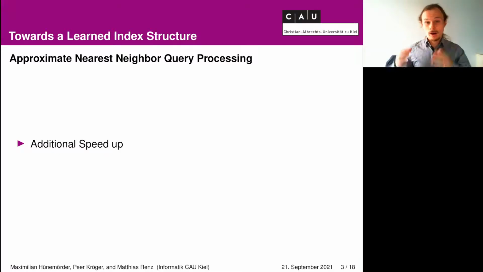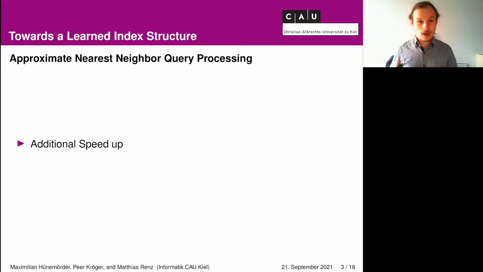One extension of nearest neighbor query processing in these recent applications, for example image retrieval, is that we don't actually need the exact nearest neighbor, but we can find an approximate nearest neighbor instead.